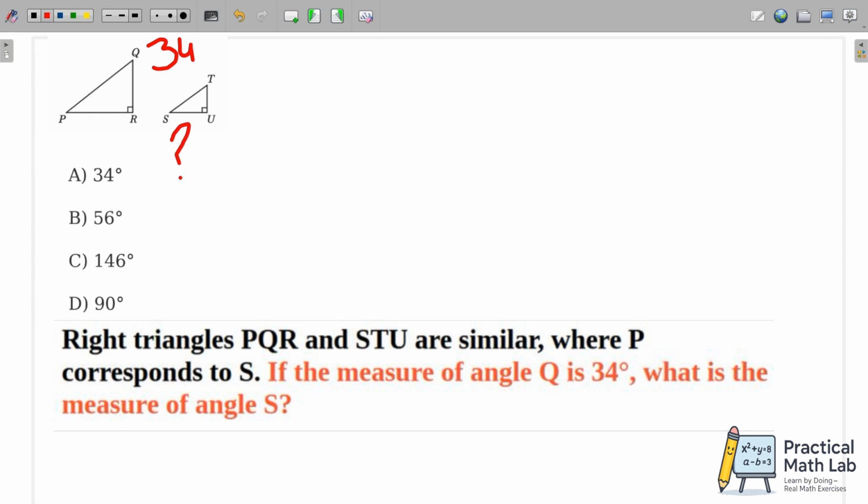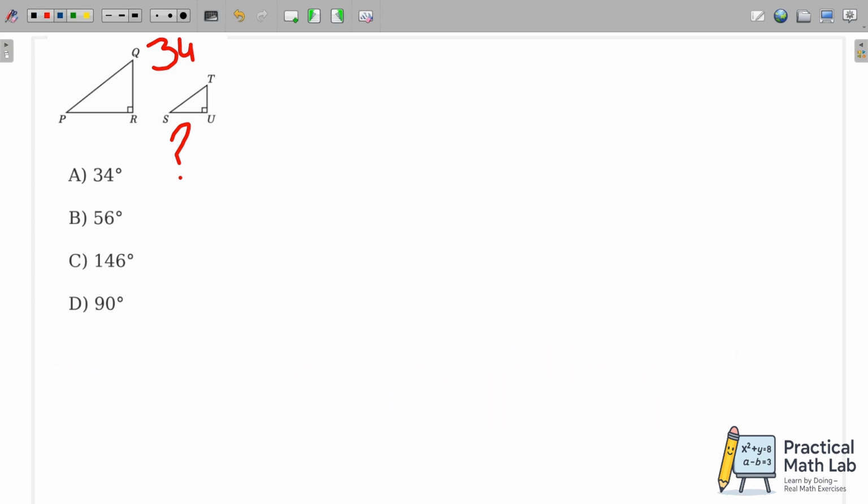We know that similar triangles have the same angles, regardless of the size of the triangle, and the sum of the interior angles of a triangle is equal to 180 degrees.